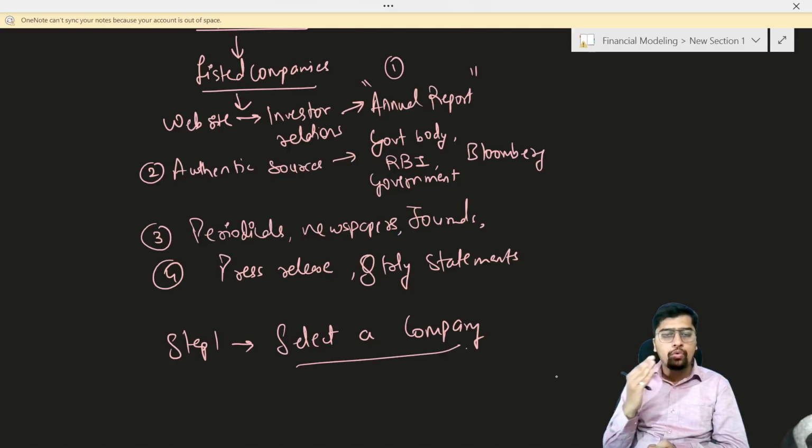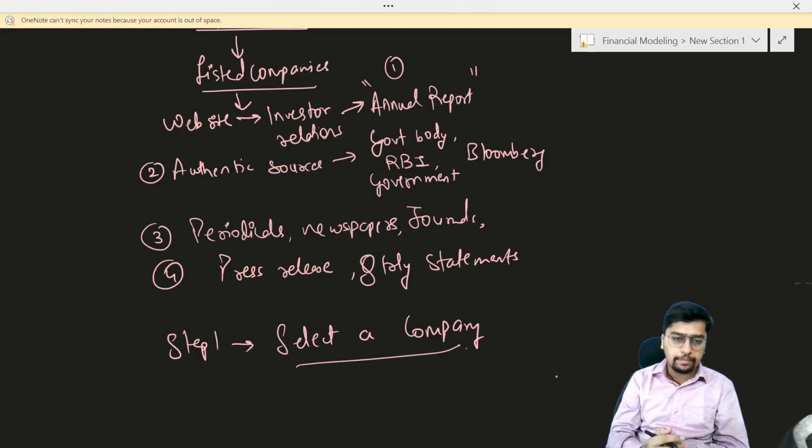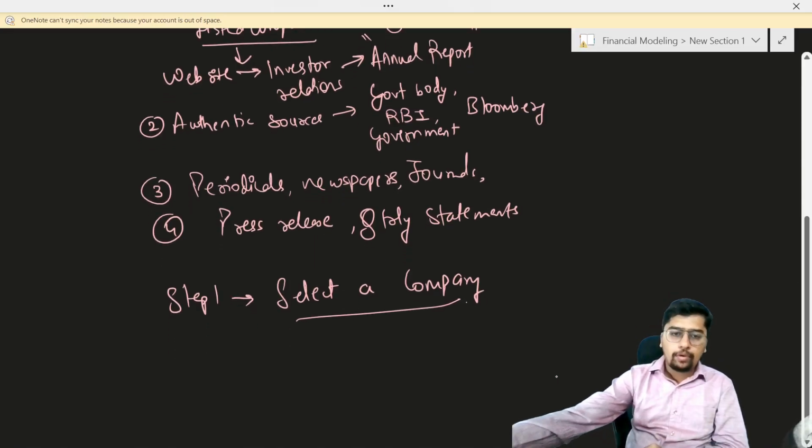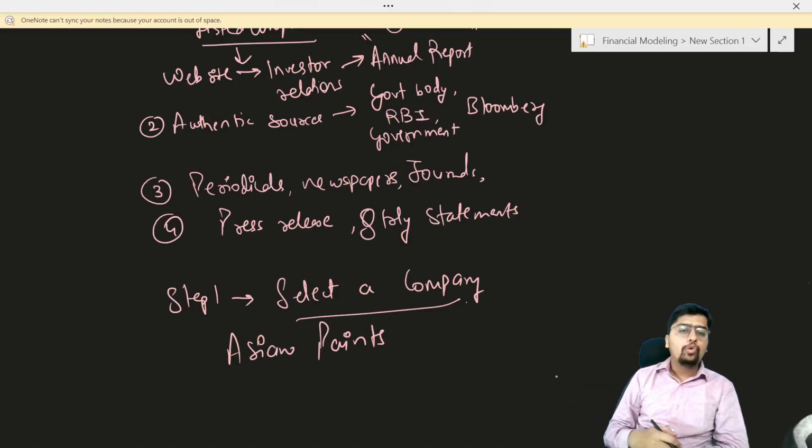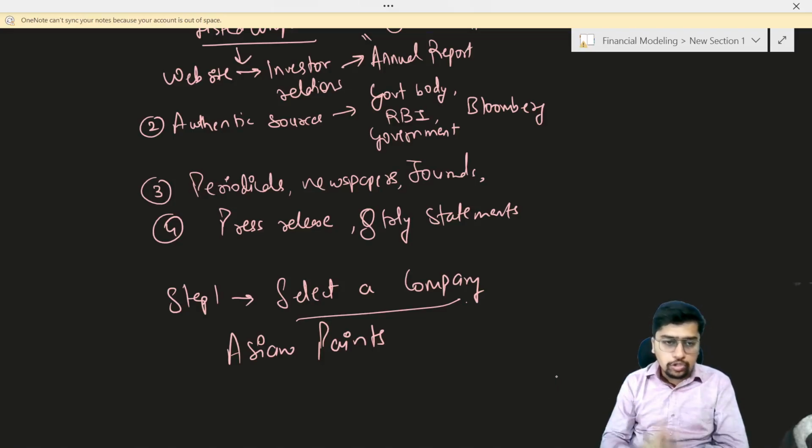So go through a few annual reports of companies you want to value. Check what are the various segments they are working in. Check in how many countries they are operating, and then you might come to a conclusion whether the company you want to take is this or that. I am going to do it for Asian Paints. You might select any other company also.